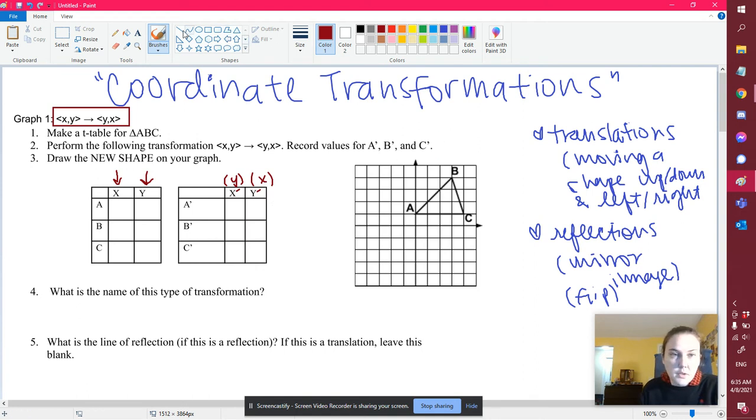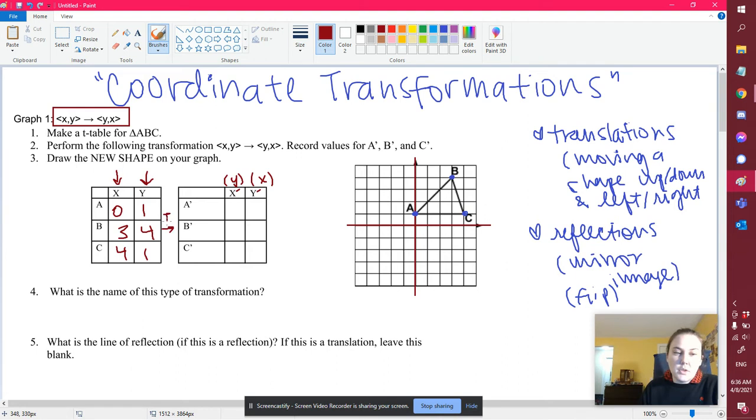Okay, so the first thing we're going to do is draw these axes better. Where the arrows are is the x and y axis. And now we can go in here and say, okay, A is this point, B is this point, C is this point. A is 0 over and 1 up. B is 3 over and 4 up. And C is 4 over and 1 up.